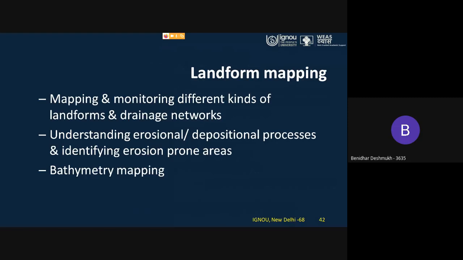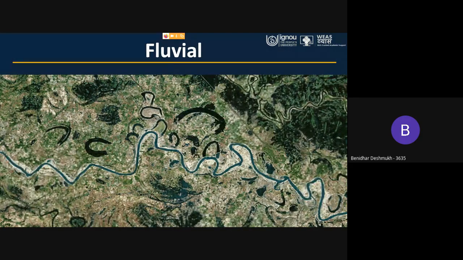But we'll see that. If I talk about the fluvial landforms, this is one image that gives you an idea about a river, and then these horseshoe kind of features are there. They are basically water bodies. We call it a horseshoe lake. These are meanders, and through the process, how the river moves with time and changes its course with time, these oxbow lakes, horseshoe lakes are formed.